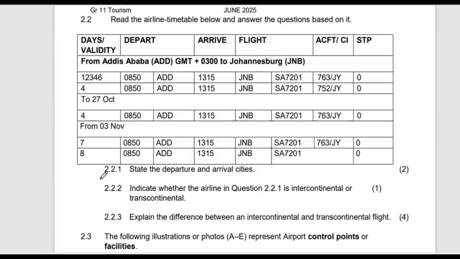So the first question says, state the departure and arrival cities. So there are two cities which have been identified there. The first city will be the city of Addis Ababa in Ethiopia. Then the next city will be Johannesburg.